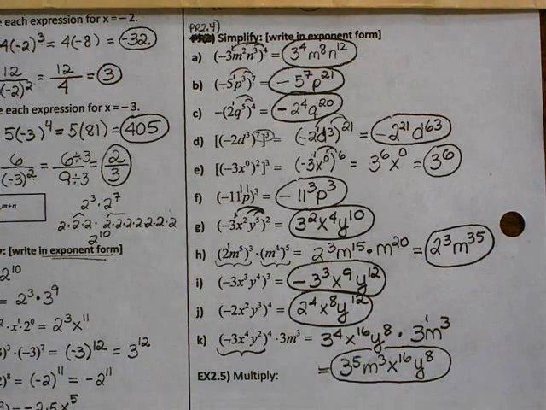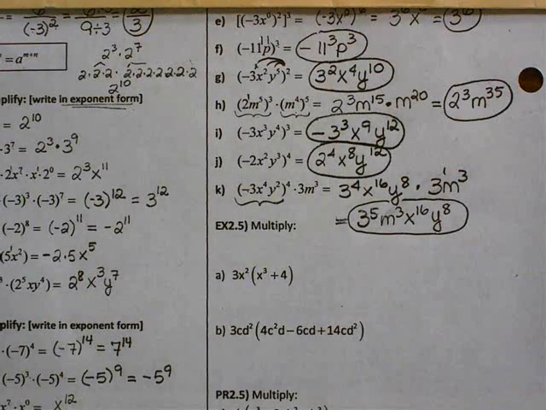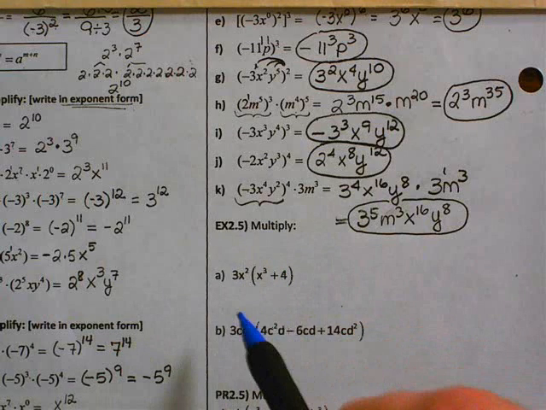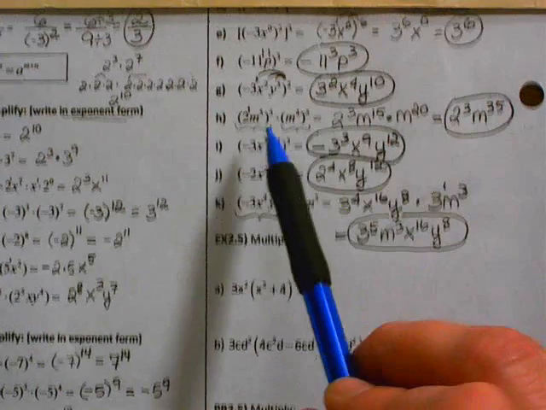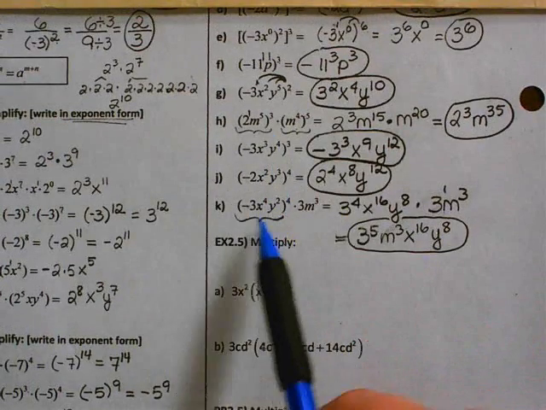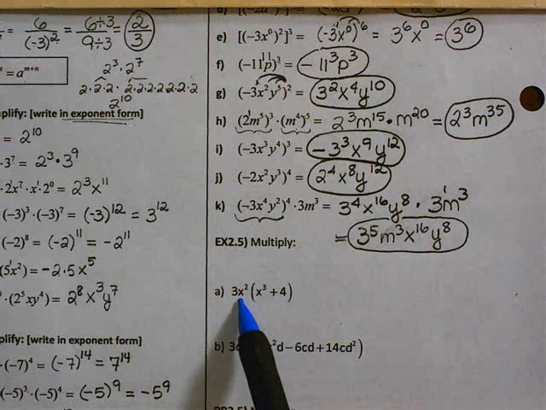Okay. Let's go now to the last problem, last example on lesson 2. I don't know if you noticed, but on these problems here, most of the time we did a monomial times a monomial. This time I'm going to do a monomial times a binomial.